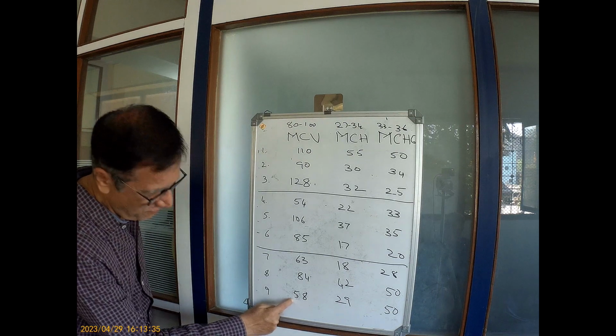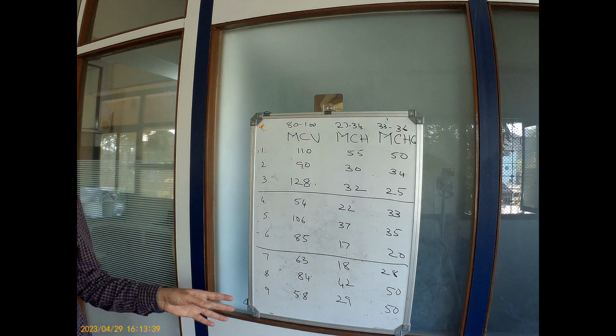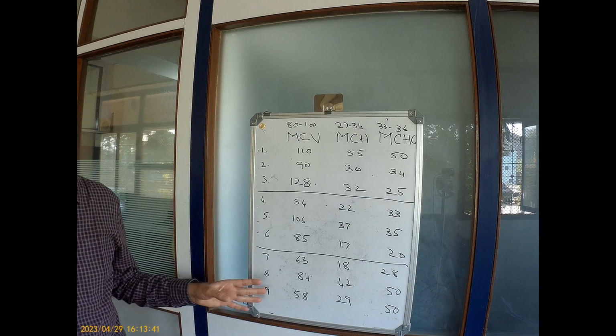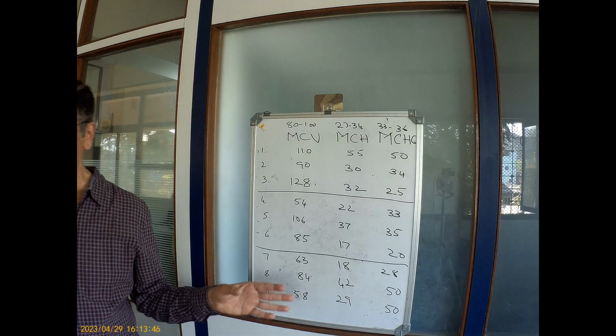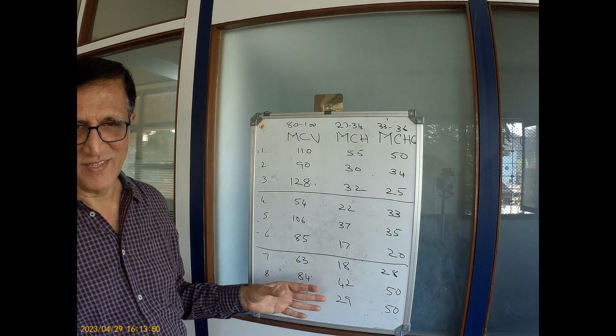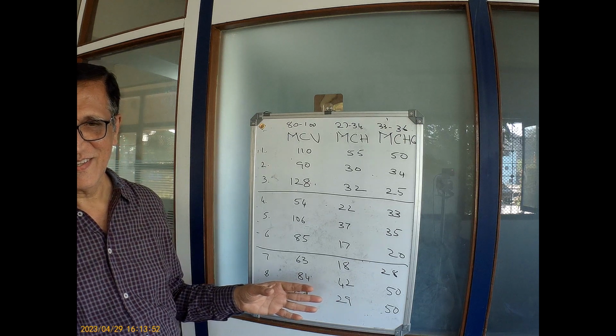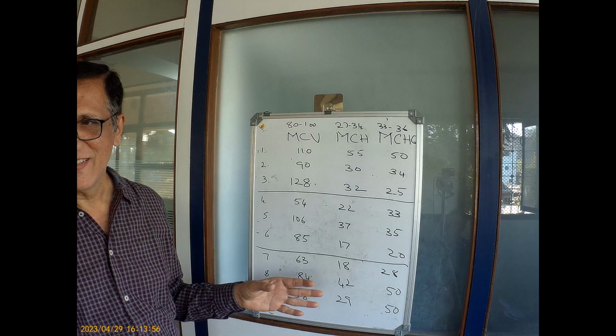Micro and hyper. Again diagnosis. The diagnosis should be easy. Microcytic hyperchromic, tell me the diagnosis. Pernicious anemia, that's what you said.